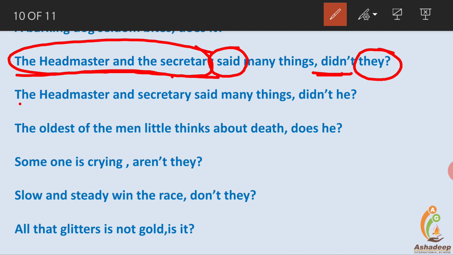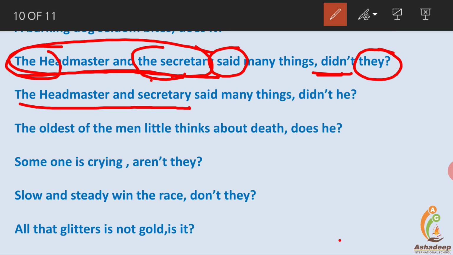Next, the headmaster and secretary said many things. Didn't he? Here, friends, is a very important thing to learn. The headmaster and the secretary are different persons, there are two persons.